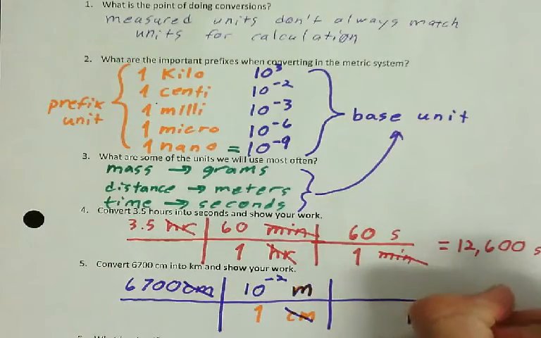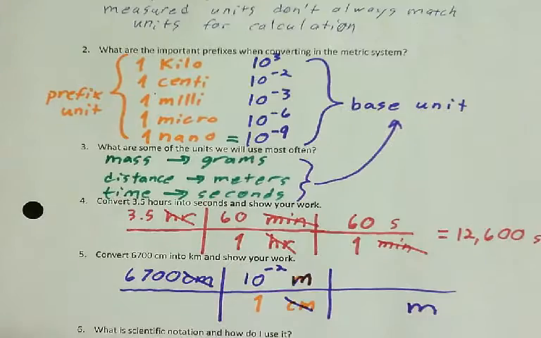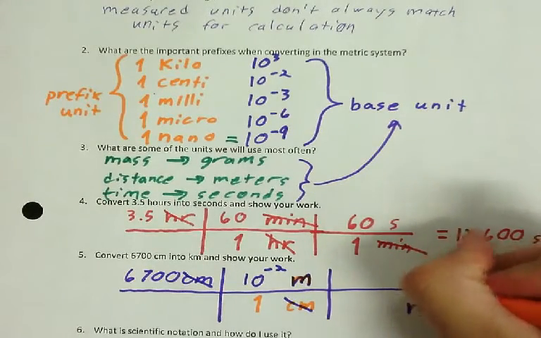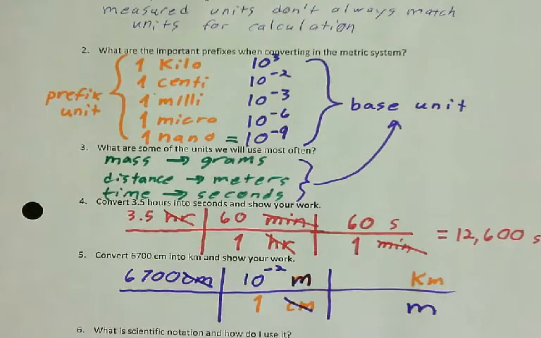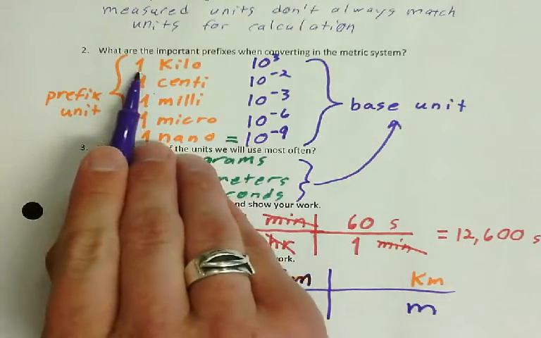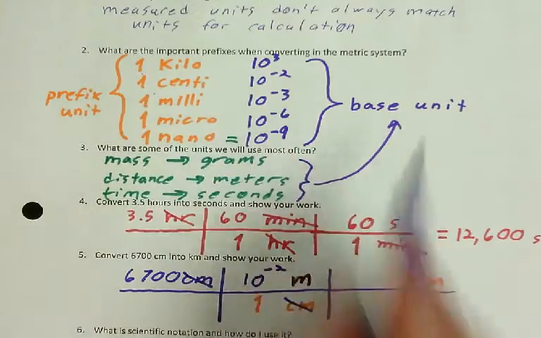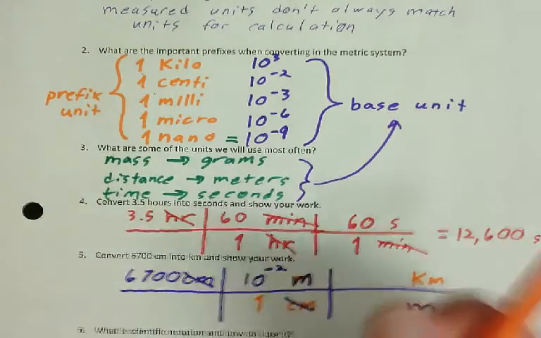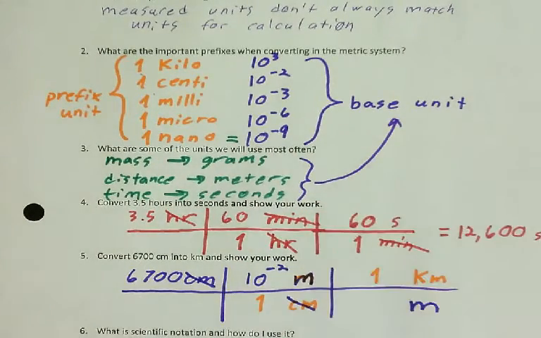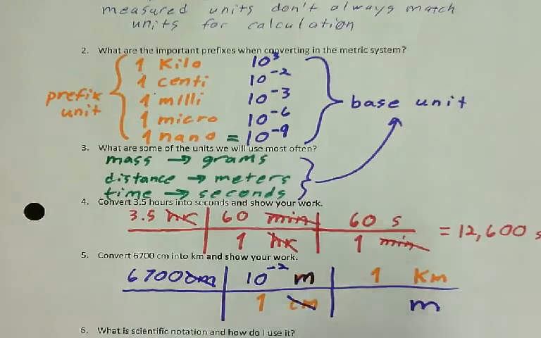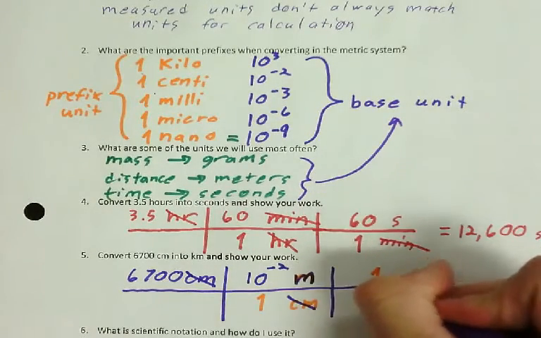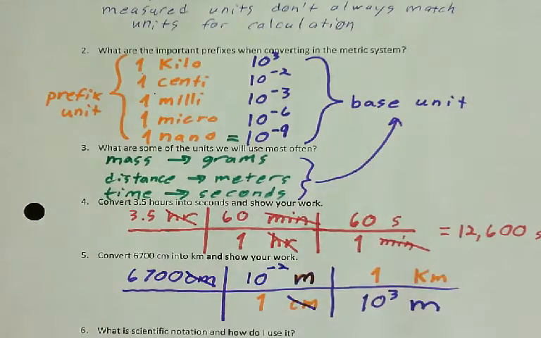It's what I had. I'm going to kilometers, so that's a prefix unit that goes on the top. Now I look at my numbers. For 1 kilo, I have 10 to the 3rd base units.